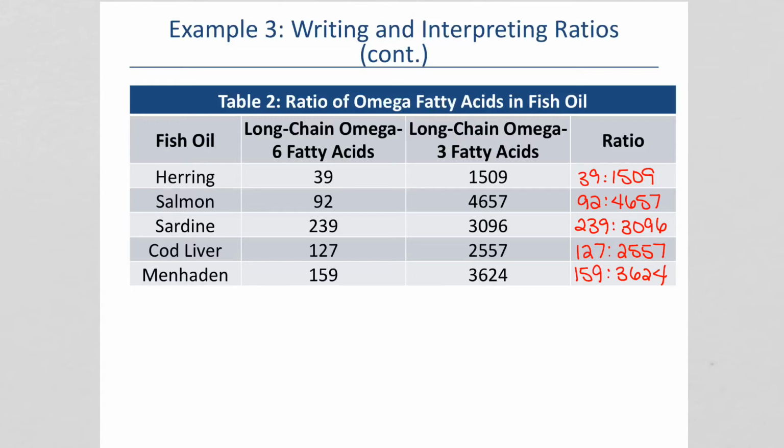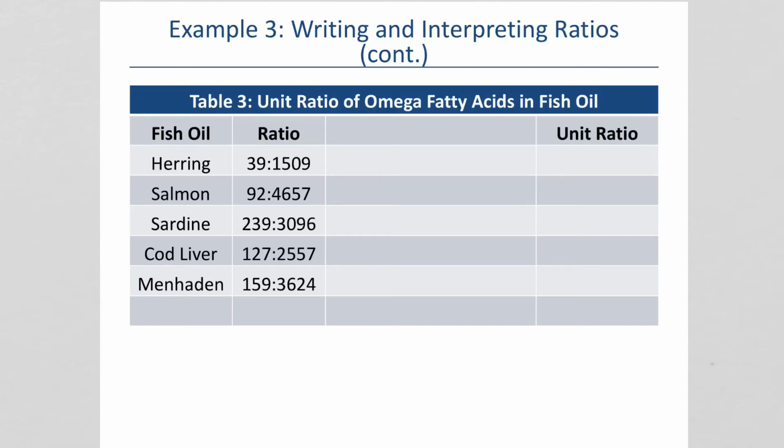The issue with this is these ratios are all fine and dandy, but the tilapia is 11 to 1. We need to get each of these to where they say a number to 1. So how would we do that? Well, we need the number on the bottom or the number on the right to be 1.